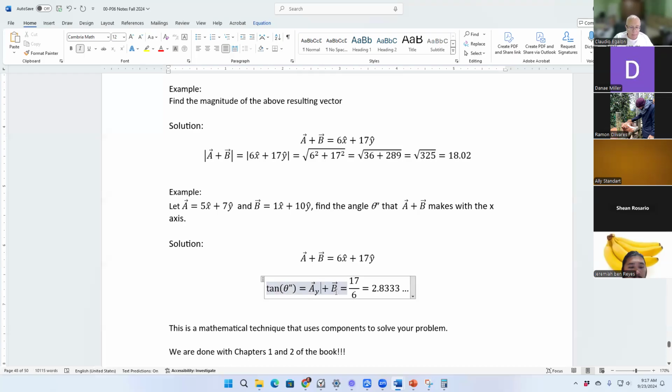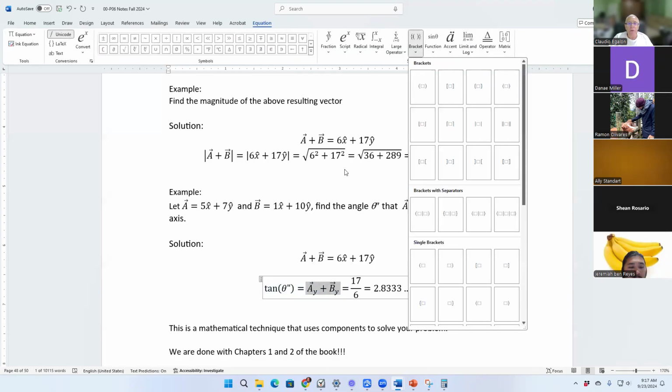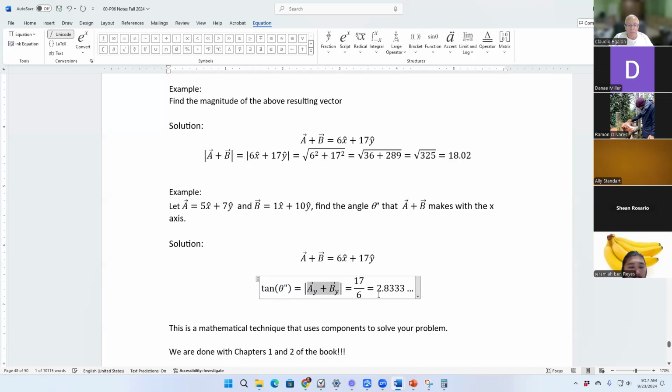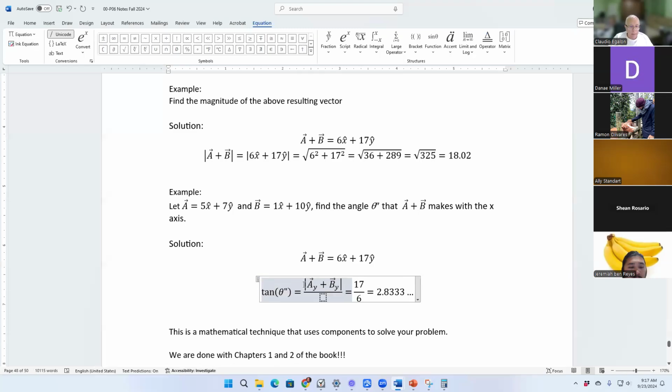Y component of A plus Y component of B, and I have to put it in terms of magnitude, X component.